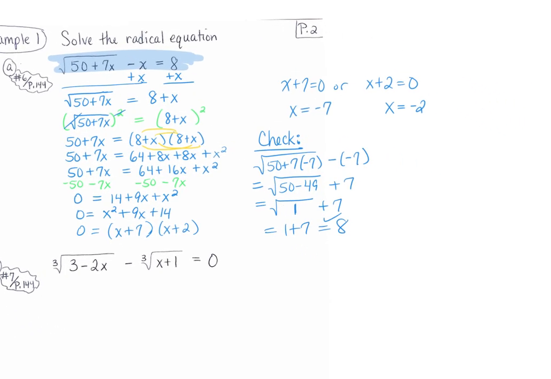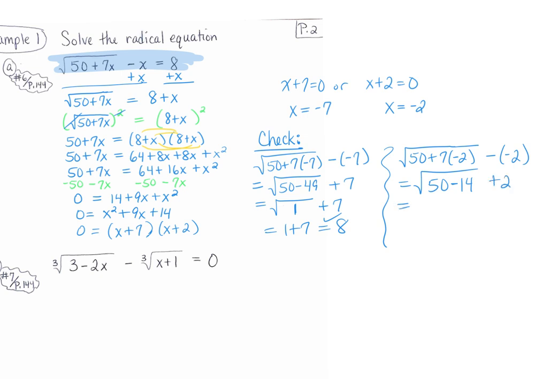Then the question is, does negative 2 work? So you have the square root of 50 plus 7 times negative 2 minus negative 2. We hope it's 8. You get the square root of 50 minus 14 plus 2.